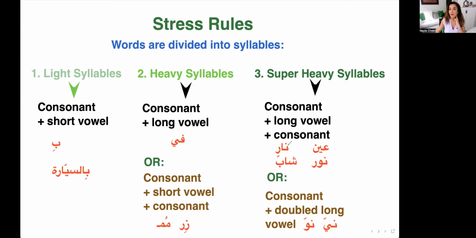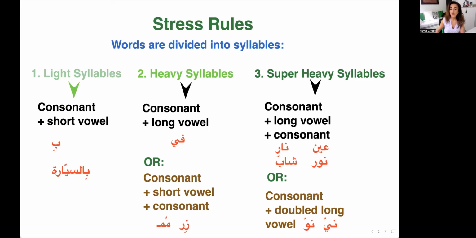Nar, fire, consonant, long vowel, the alif, followed by another consonant, the ra. Nur, meaning light, consonant, long vowel, consonant. Shab, young man, consonant, long vowel, a consonant doubled with a shadda. That's also the case of a super heavy syllable.